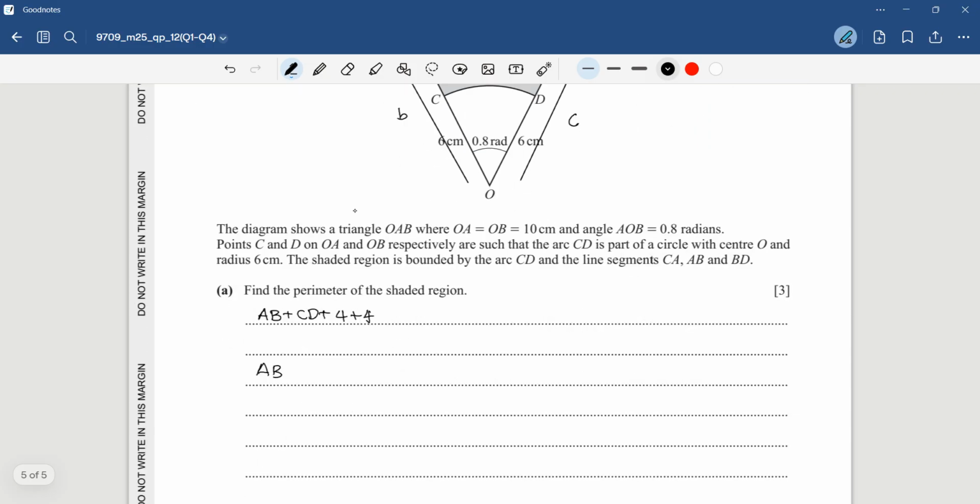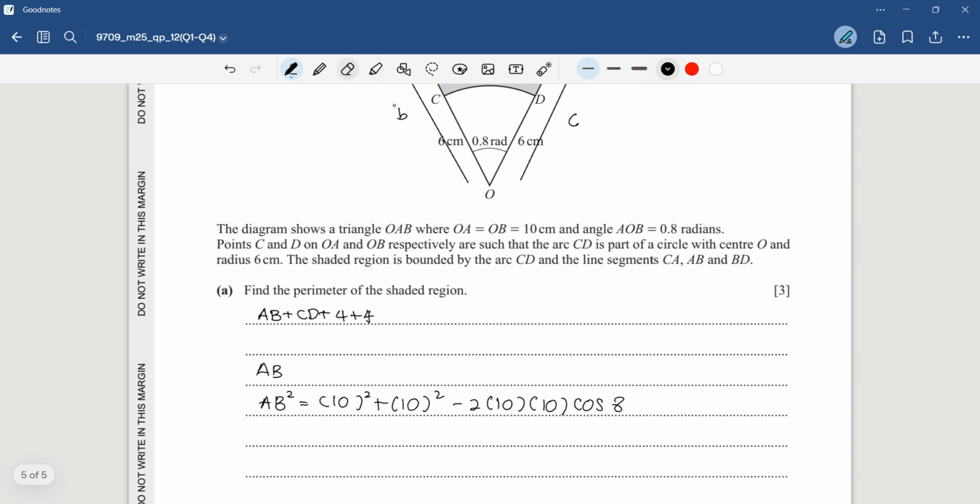Okay, so in order to find AB, AB squared is equivalent to 10 squared plus 10 squared minus 2 times 10 times 10 cos theta.